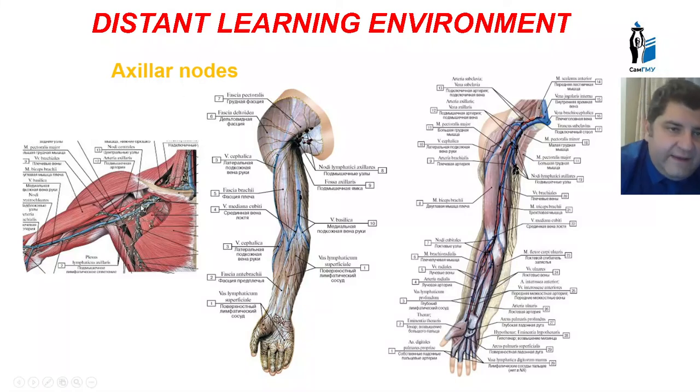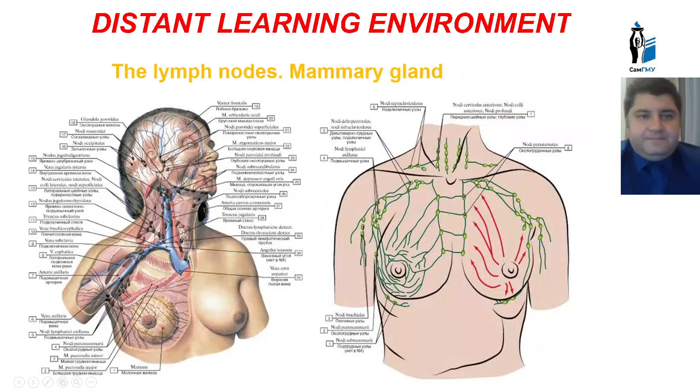We can see them here too, and you may see that they pass like satellites with the axillary vein and its branches. Now we must understand that axillary nodes receive lymph not only from the upper limb and its girdle.